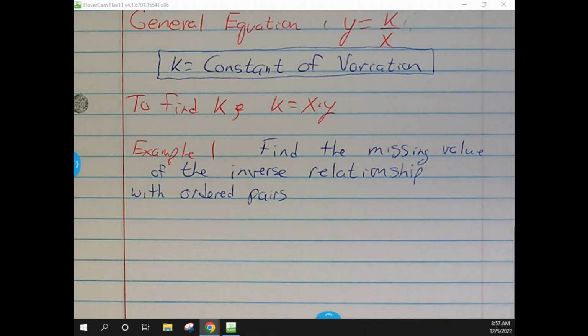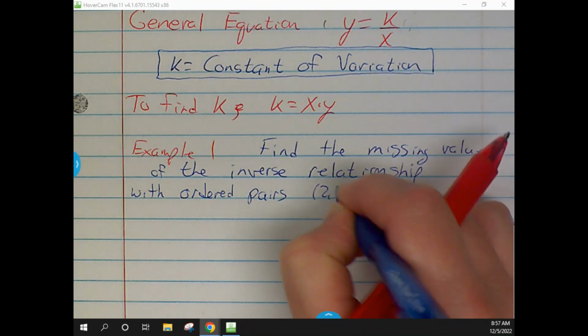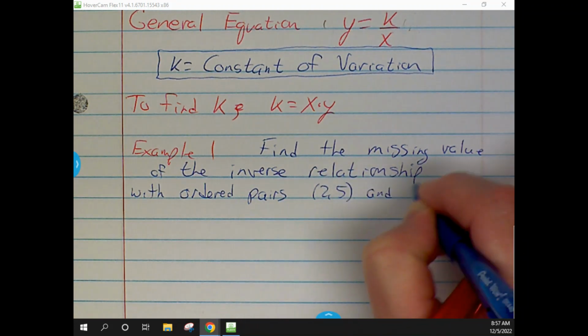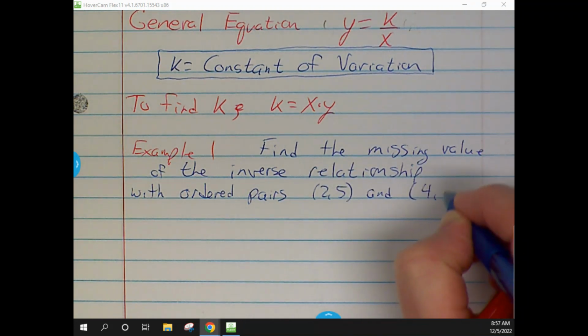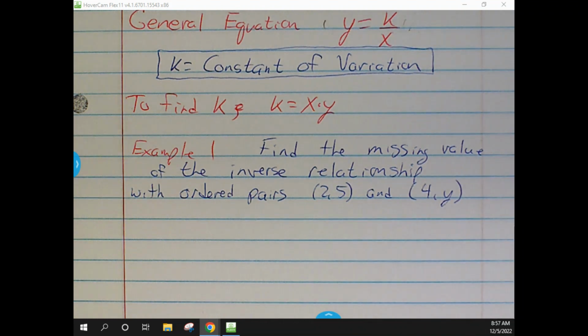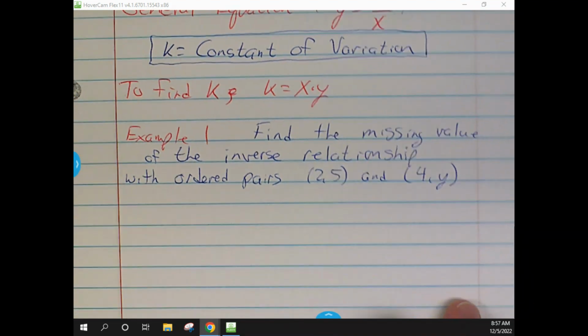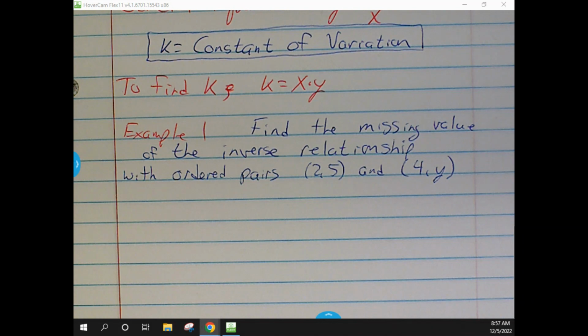With ordered pairs (2, 5) and (4, y). Okay, so they're telling you, all right, this is basically the graph of some type of inverse relationship that we have, and we've got to figure out what's going on with it.